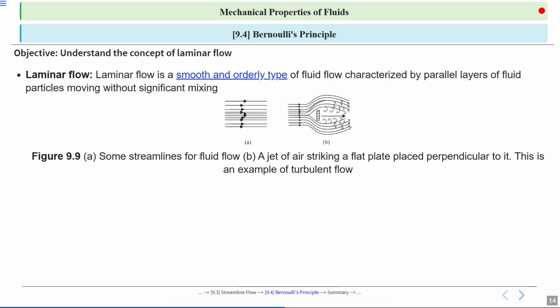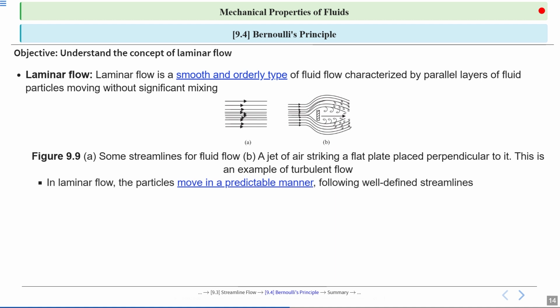Here, the streamlines are straight and don't cross each other. This is different from turbulent flow, where the movement is chaotic and the layers mix together. The figure also shows a jet of air hitting a plate, which is an example of turbulent flow, not laminar flow.